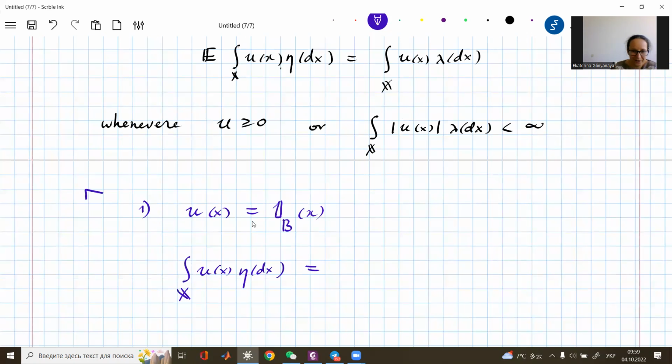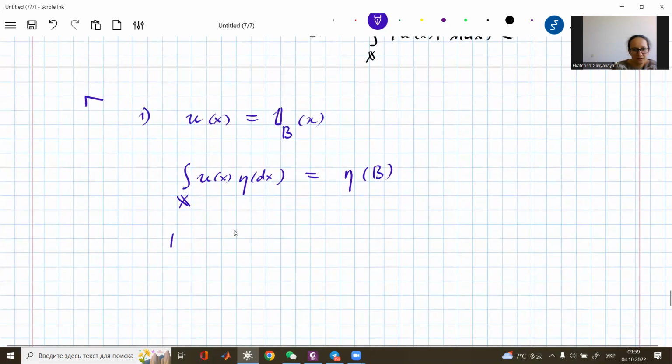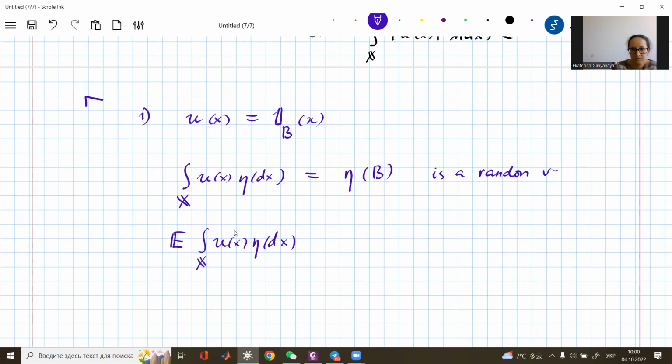This is just the value of the measure eta of the subset B. And of course, if you write the expectation of such a random variable, this is equal to the expectation of eta(B), and by the definition, this is the value of the measure lambda(B).